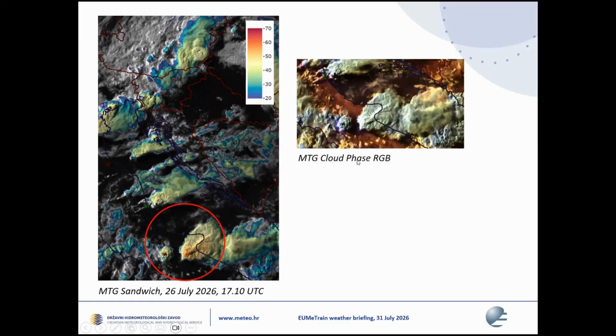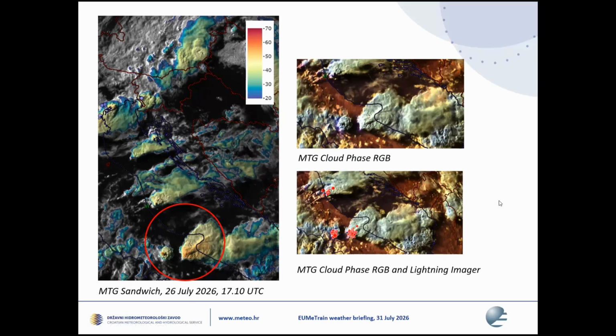We can recognize these patterns: overshooting tops, plumes, waves. But another interesting thing on this one is the shadow. You can see this darker area on the picture is the shadow of the cloud, but also the shadow of the plume.